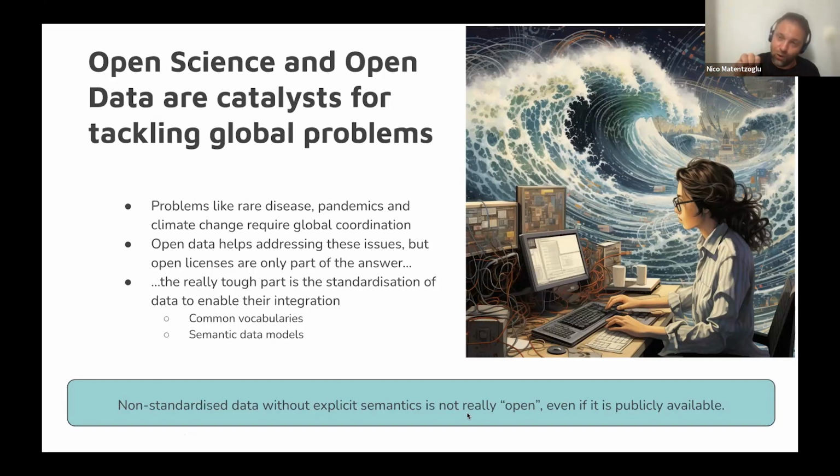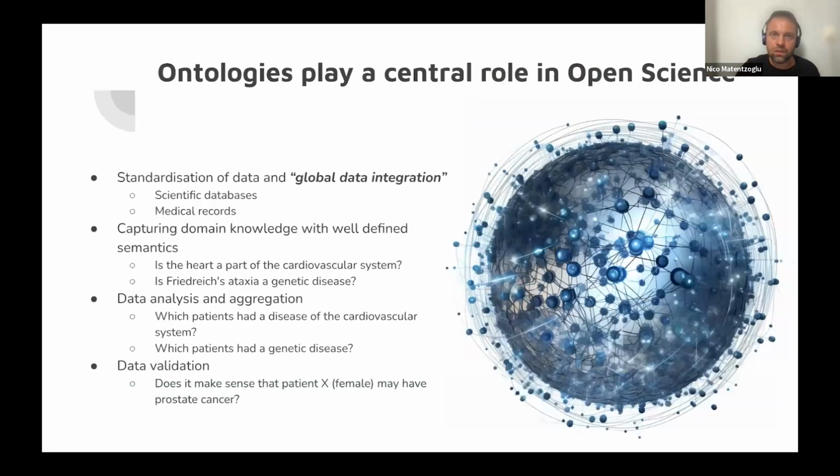So even if it's openly available, we consider this kind of work that we do, open ontology work, really part of the wider open science and open data initiative that are absolutely indispensable. Yeah, open ontologies, as I said, play a central role in open science.